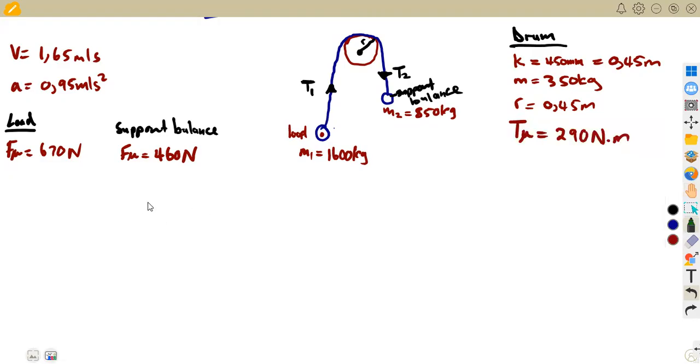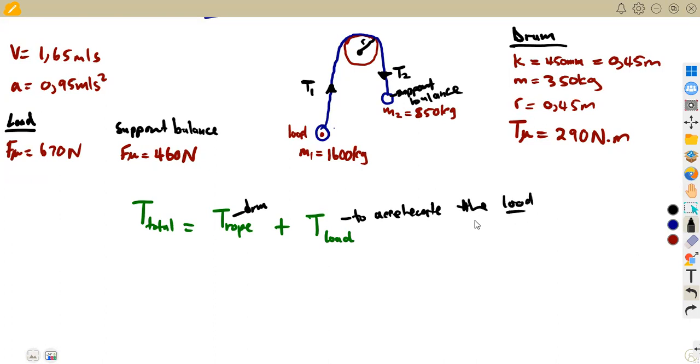The total torque is supposed to be taken from the torque affecting the drum, which we can write as T rope, plus the torque affecting the load, which is to accelerate the load.